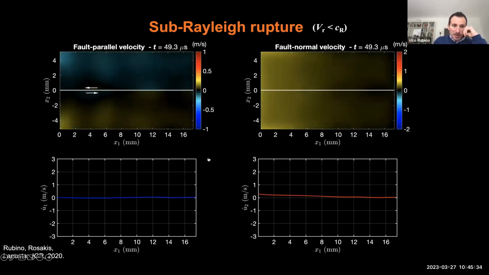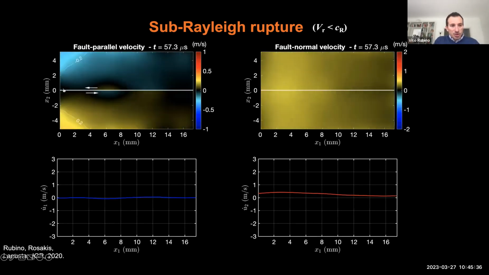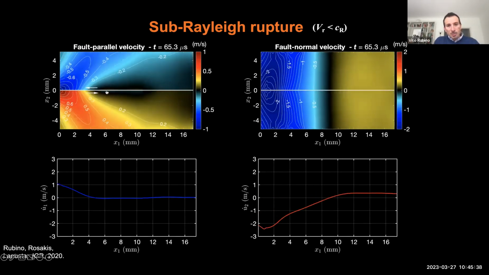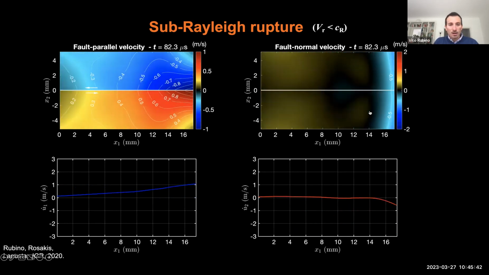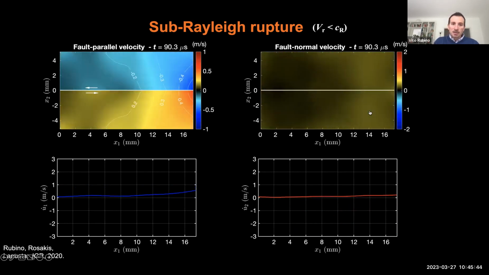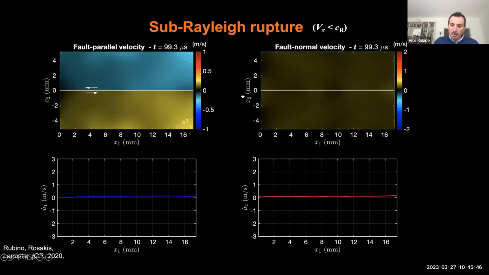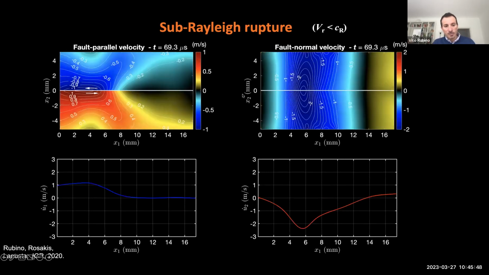As you can see, the rupture enters the field of view and propagates through, and there is also a component in the normal direction. The time is in microseconds, so it takes about tens of microseconds for the rupture to propagate.